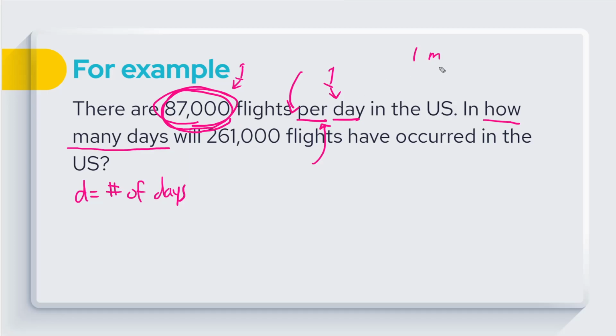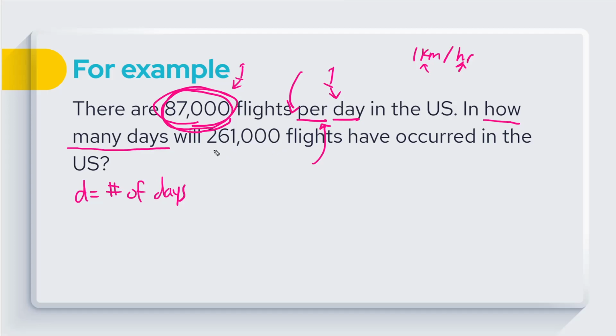So for example, 1 kilometer per hour means that for every 1 hour we travel 1 kilometer, right? In this example, for every 1 day, it's 87,000 flights. So in 2 days, it would be 174,000 flights.